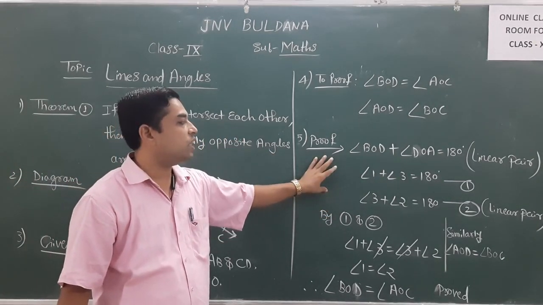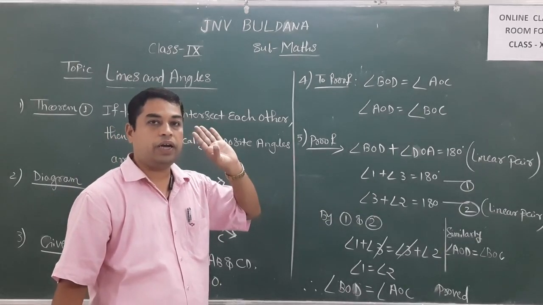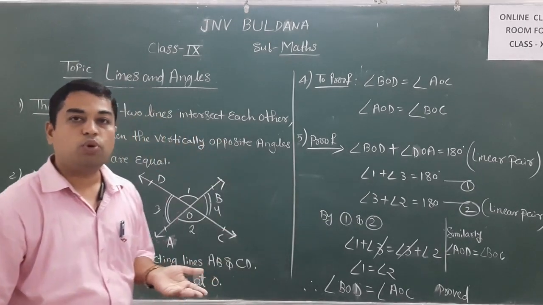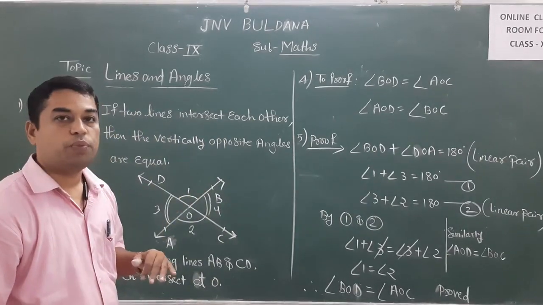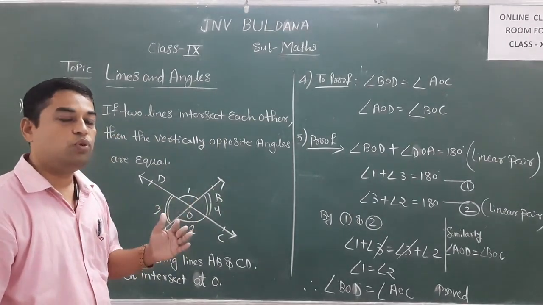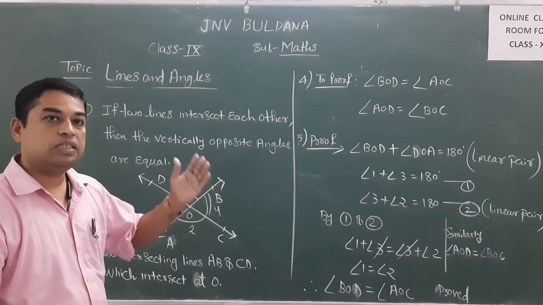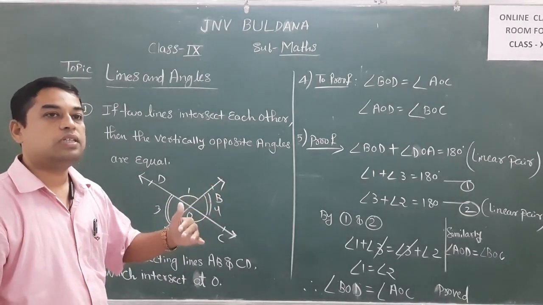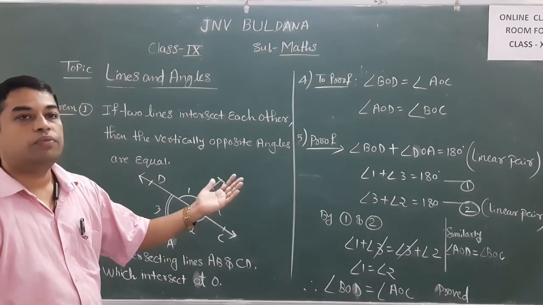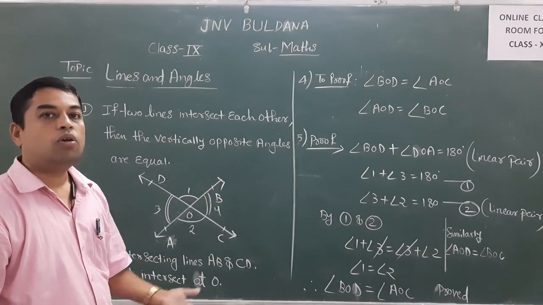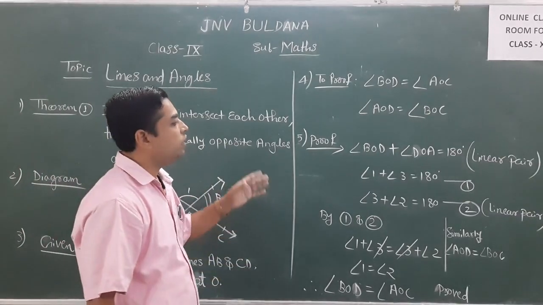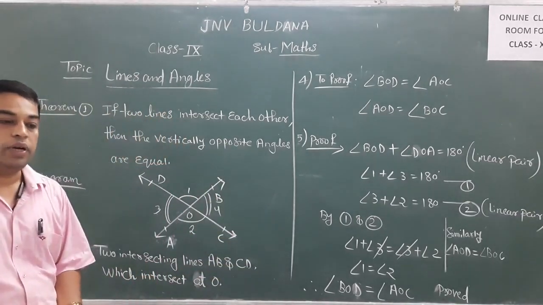It is not necessary to memorize, but to understand properly how to start and what we have to do: the first step, the second step to prove, the third step, and the order of solving the theorem. By keeping all these things in mind, we can easily solve any statement.